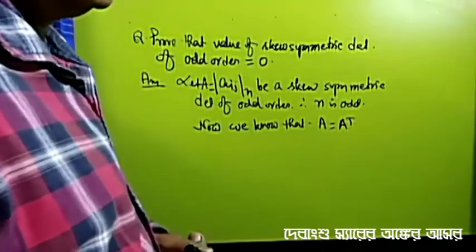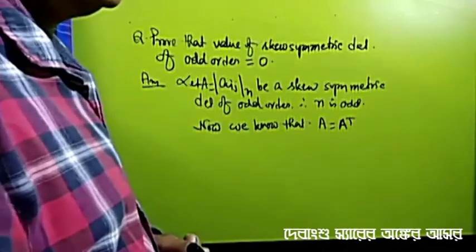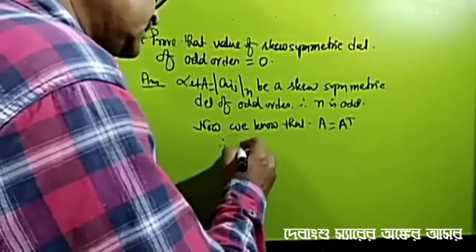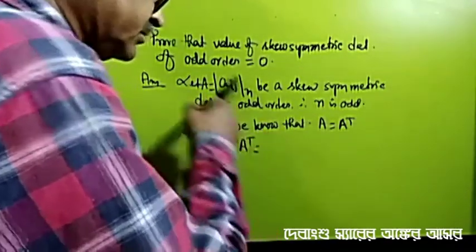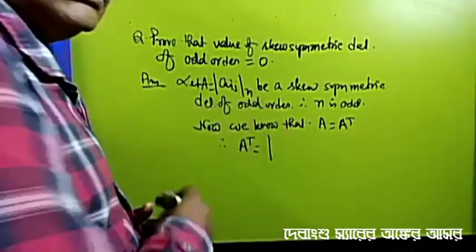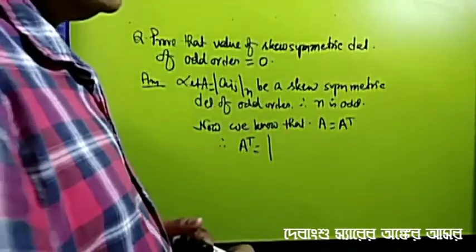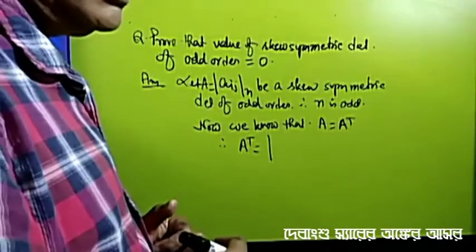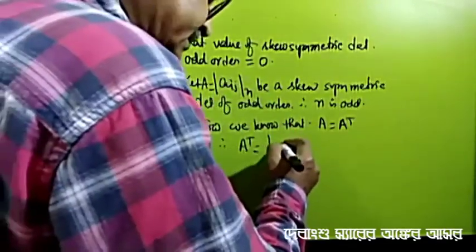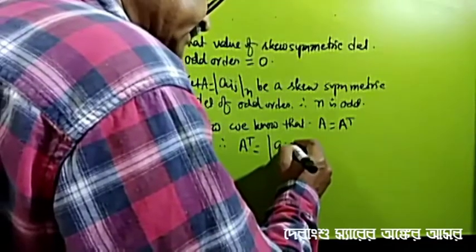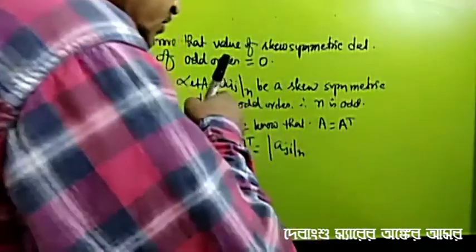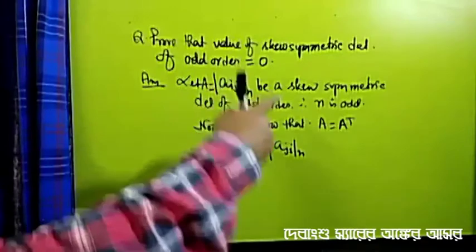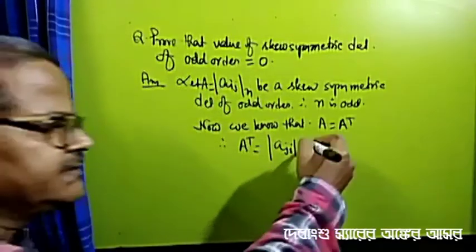The value of a determinant remains unchanged when the transpose is taken. Hence, A transpose: when we take the transpose, rows become columns and columns become rows. So Aij becomes Aji. So the determinant was Aij, now it becomes Aji.